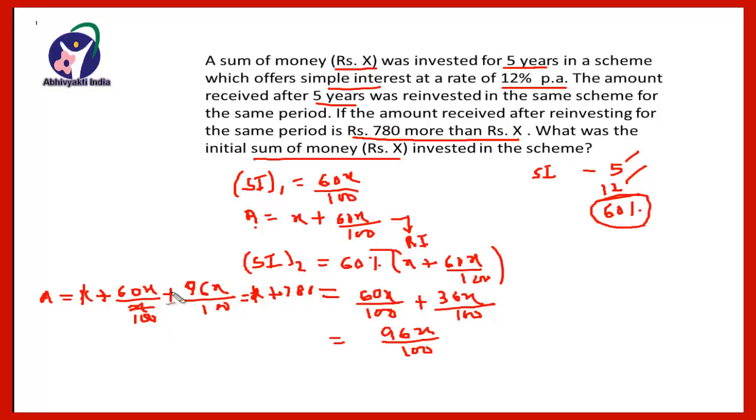So 96 plus 60, that will be equal to 156X, that is equal to 780 multiplied by 100, so it will be 78,000, and therefore X is equal to 78,000 divided by 156, and therefore X is equal to 500. Therefore the initial amount that was invested is rupees 500.